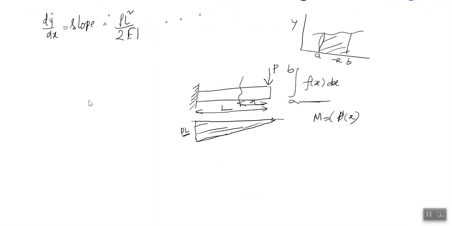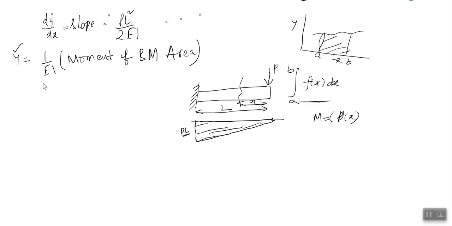Now let us try to find out the deflection. Deflection y is equal to 1 by EI times the moment of the bending moment area. This is our deflection y.